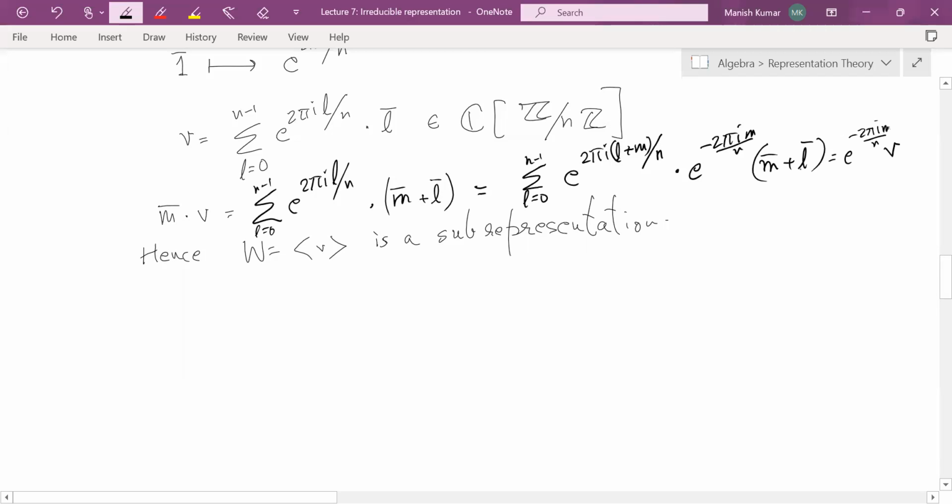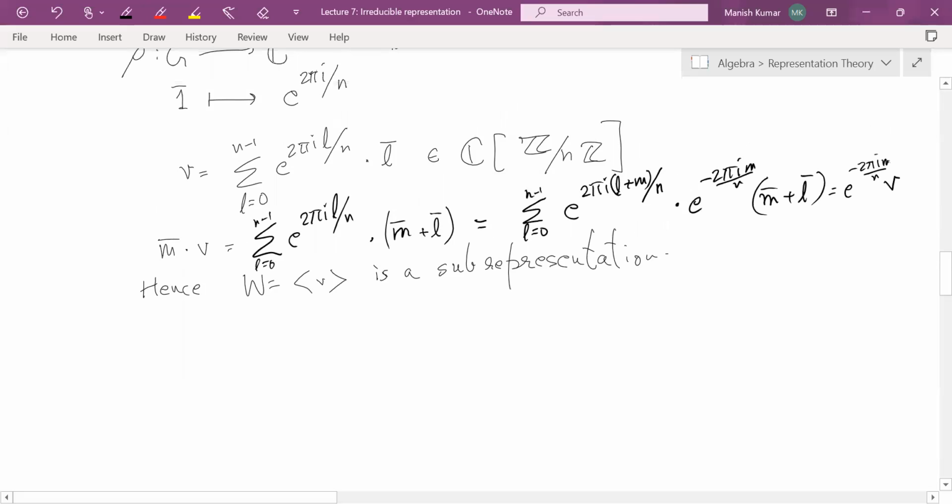Is this clear? So what we get is that m bar dot v is some scalar multiple of v. So if you take W to be the subspace generated by v, then it is a sub-representation.